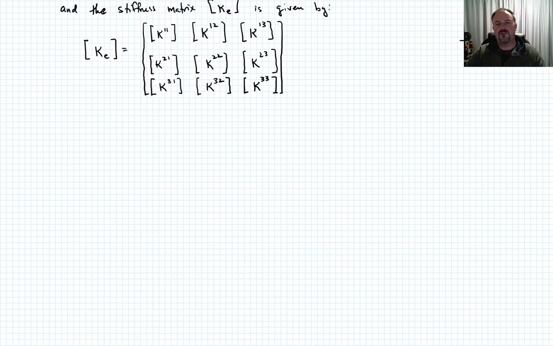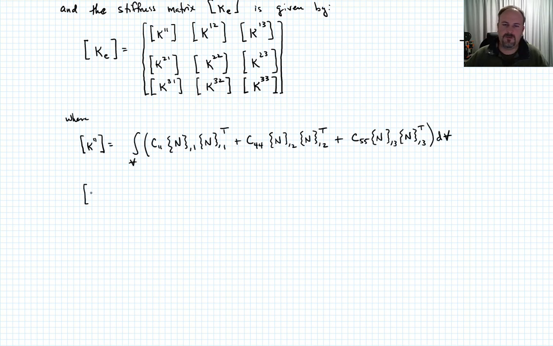And then for the sake of completeness, I'm actually going to give you the expressions for each of these submatrix blocks. And that's because you're going to be tasked in this class with writing your own FEA code, so you're going to need to use this stiffness matrix. So let me give you those, and again, I'm just going to have them appear rather than have you watch me write everything out. Okay.